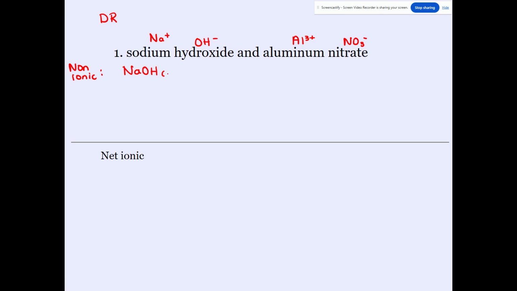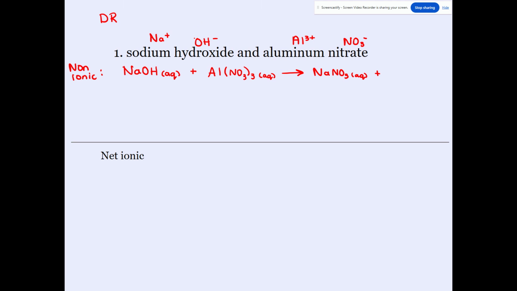So I check my solubility chart. When you look up hydroxide, it says group 1 ions, which sodium is, are aqueous. Aluminum nitrate would need 3 nitrates to balance the 3 plus on the aluminum. Nitrate compounds are also always aqueous. What's going to happen, my metals again are going to switch. So my sodium is going to bond to my nitrate, and their ion charge is already balanced because they're 1 plus and 1 negative.